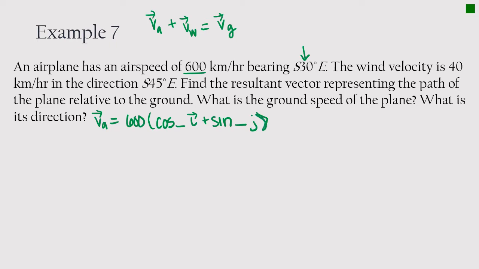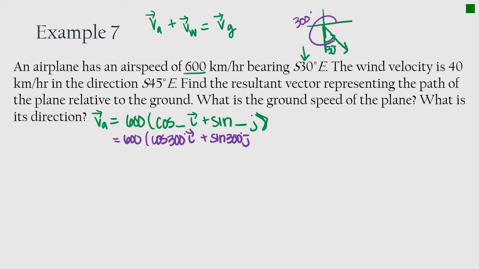So southeast means that you're heading south and you're 30 degrees in the eastern direction from the South Pole. So if I were looking at this angle on a unit circle, this would be 300 degrees. So we could rewrite this as 600 times the cosine of 300 degrees i plus the sine of 300 degrees j.